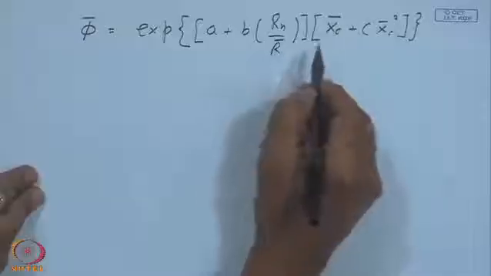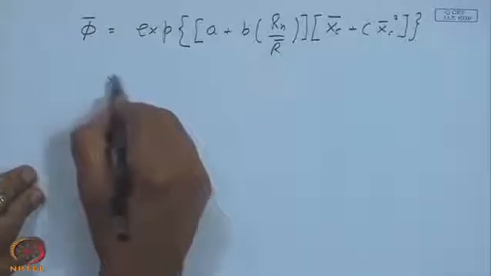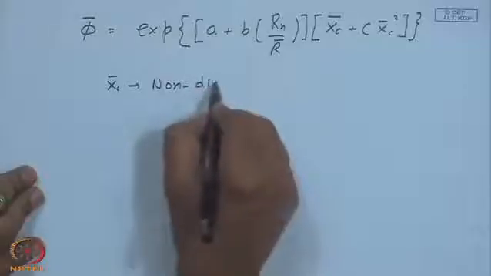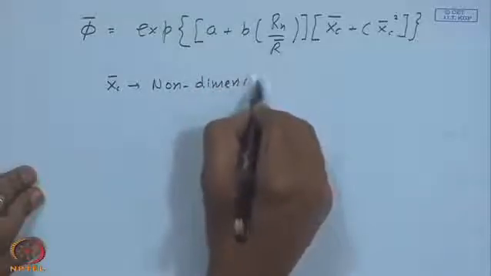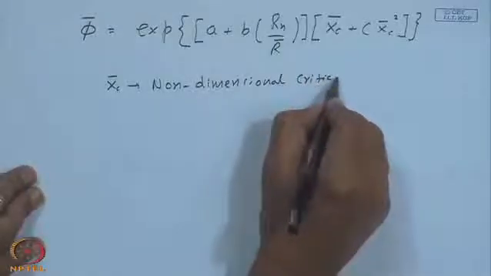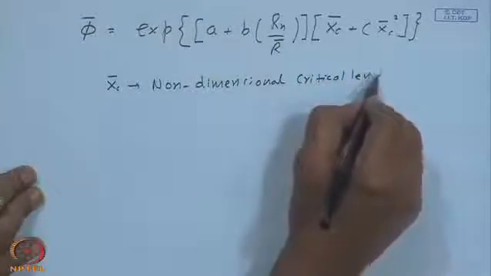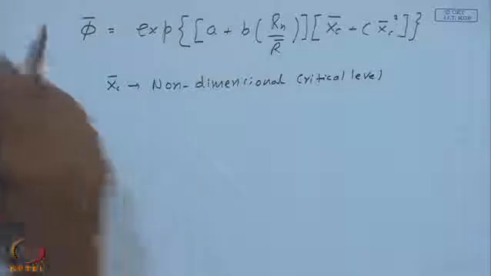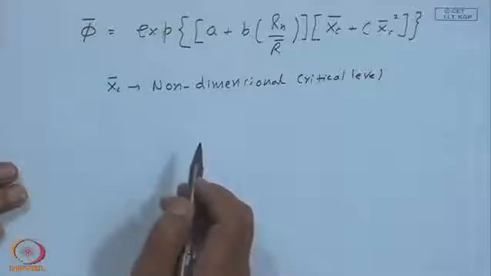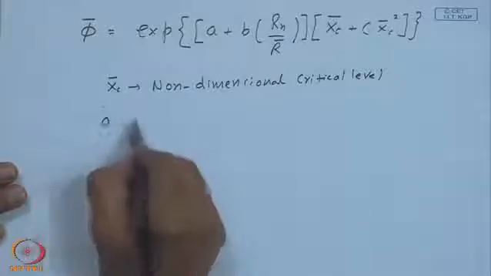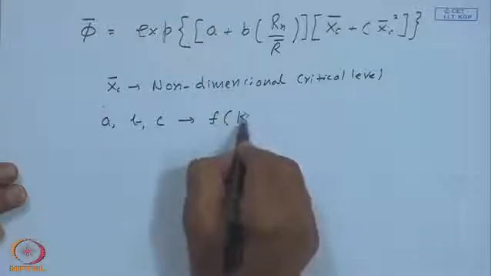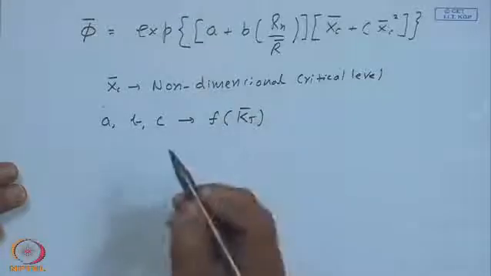So, this is the non-dimensional critical level, x c bar is the non-dimensional critical level, and A, B and C are constants, which are functions of the monthly average daily clearness index KT bar.